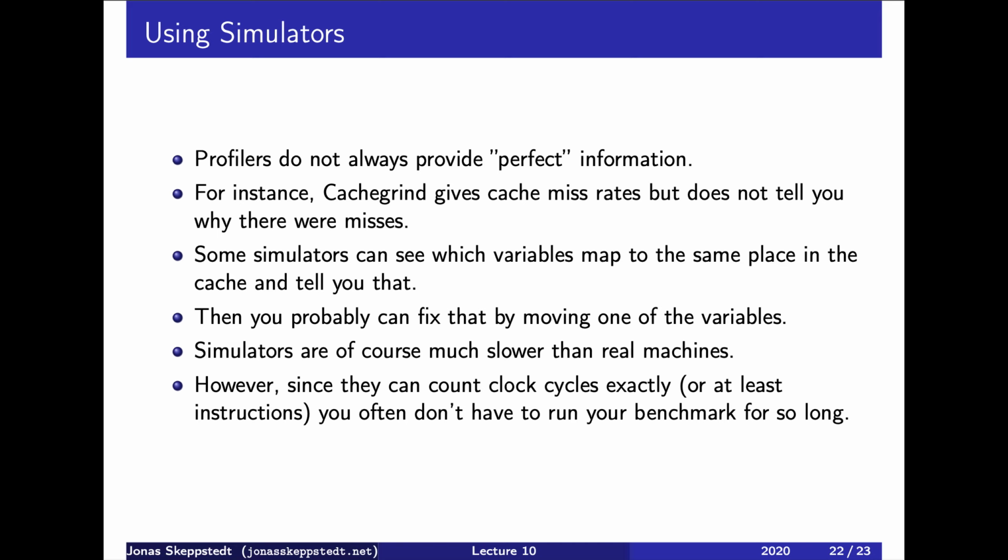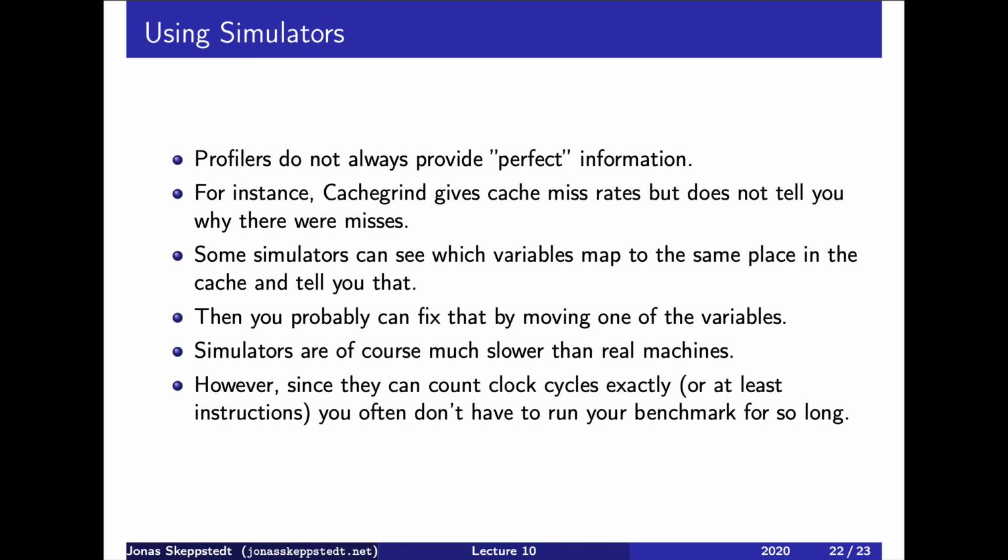Cachegrind will not tell you which other data overwrote x in the cache, I mean, caused x to be replaced and forgotten by the cache. And the profilers certainly don't either. So what one can do, if one really cares about the performance, is to take a simulator or write a new one, but that usually takes some time, and collect this information on your own, and see which variable actually caused the replacement of something useful.